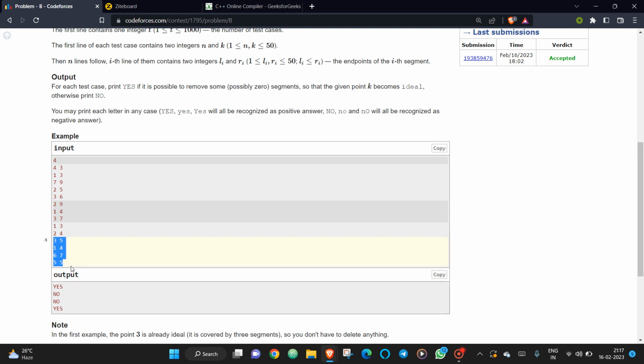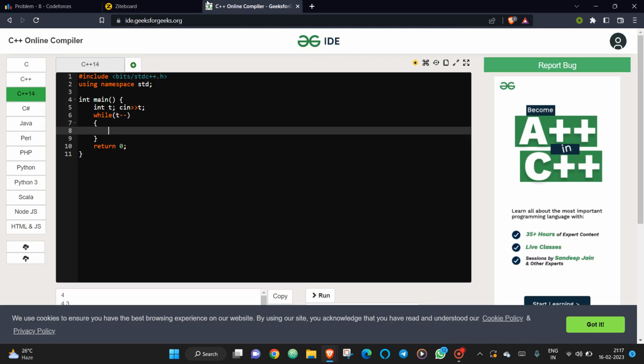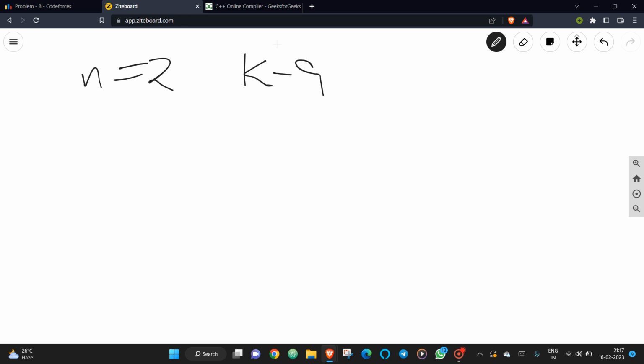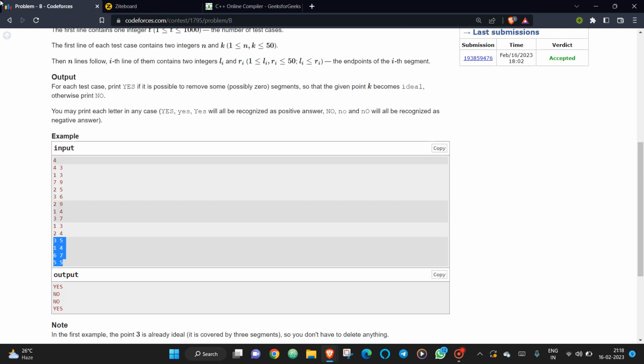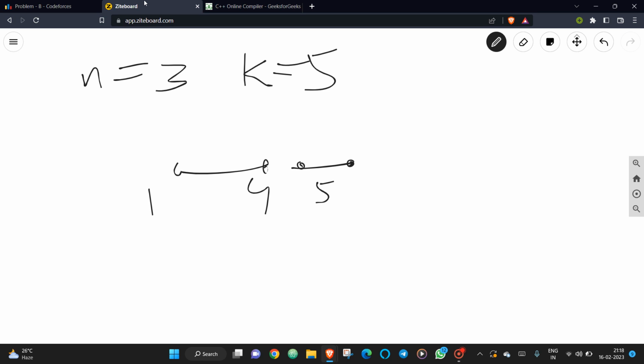Let us take this sample case 4, that is n equal to 3 and k equal to 5. What are the ranges? 1 to 4, and then 5 to 5, and then 6 to 7.